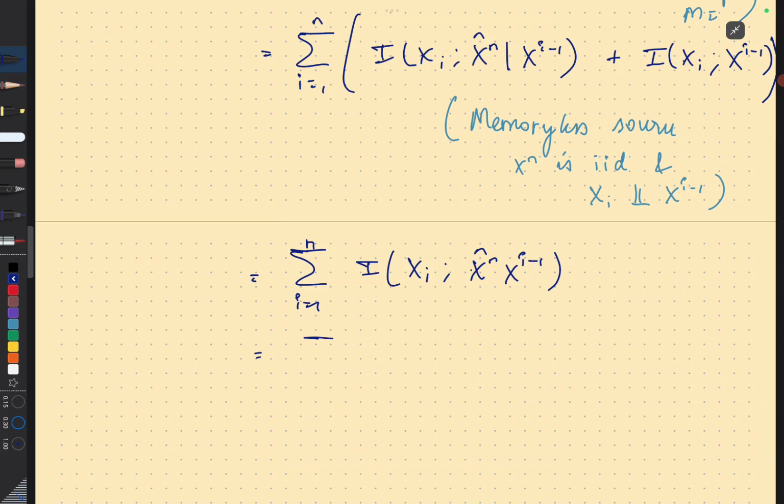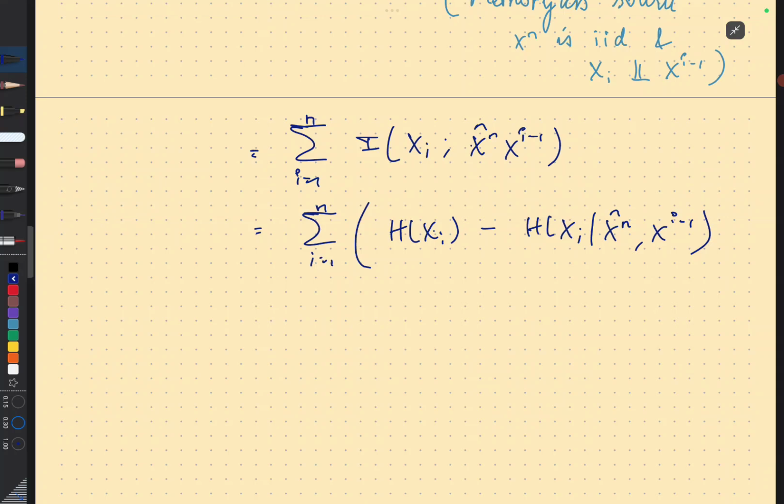Which is equal to the entropy of X_i minus the entropy of X_i given X^n hat, X_{i-1}.